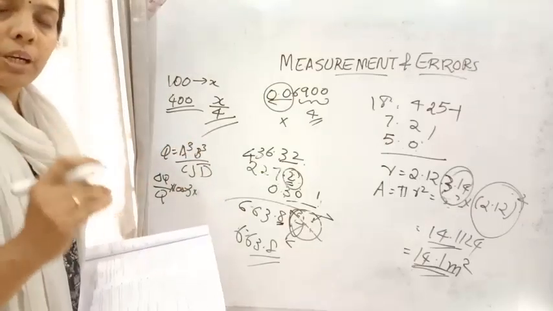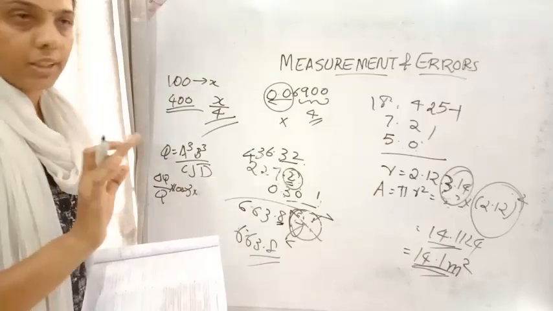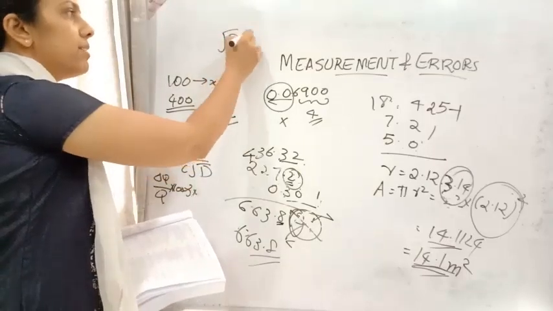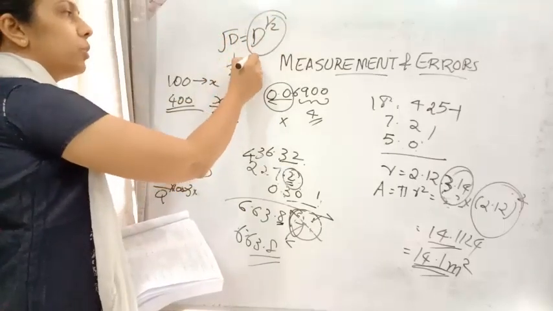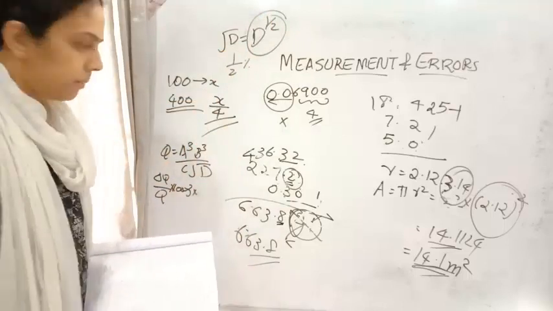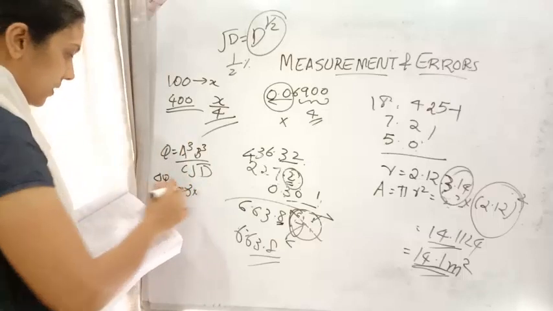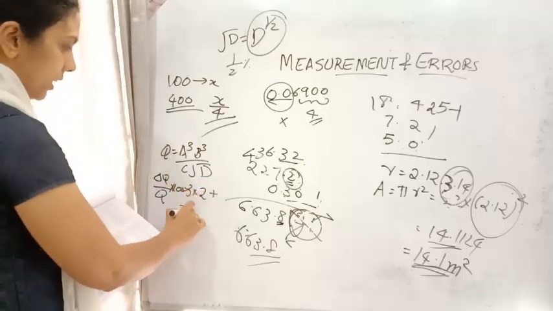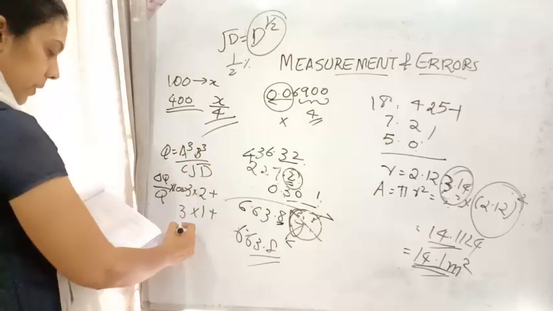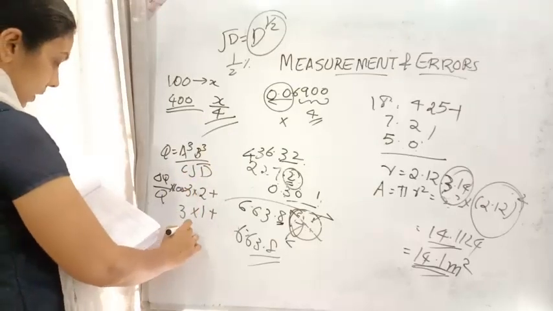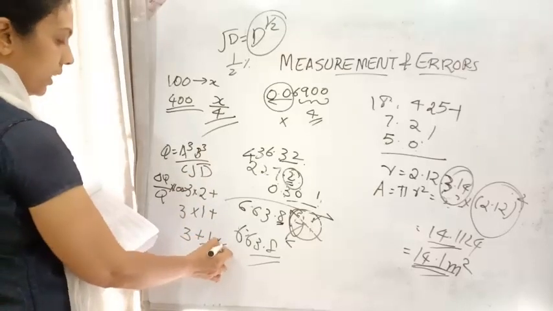How are we getting 1 by 2? Root D we will write as D to the power 1 by 2. So we can write it as 1 by 2 into percentage error of D. So here 3 into percentage error of A, which is 2, plus 3 into percentage error of B, which is 1, plus 1 into percentage error of C, that is 3, plus 1 by 2 into percentage error of D, which is 4.